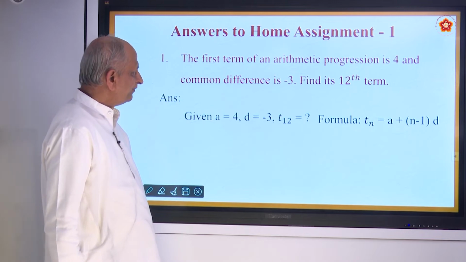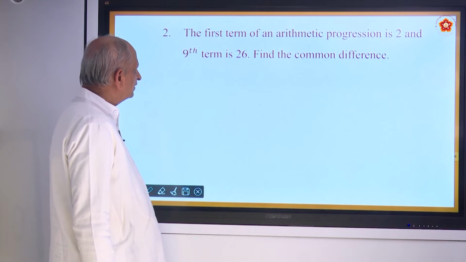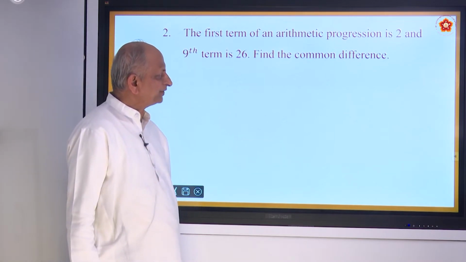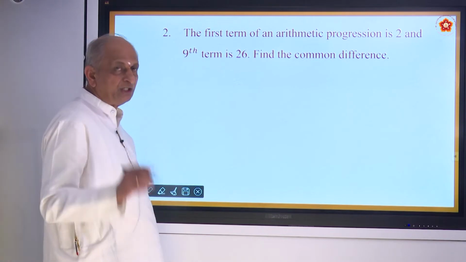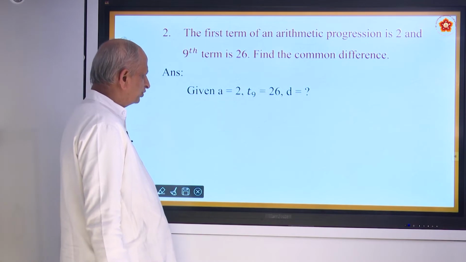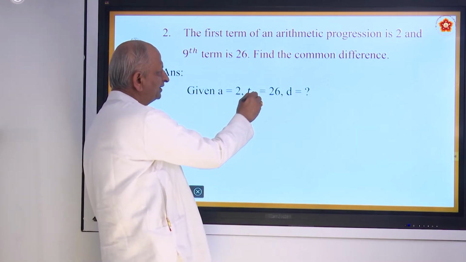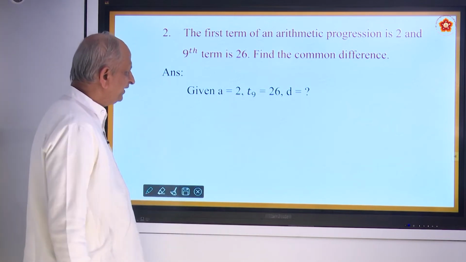The first term of an arithmetic progression is 2 and the ninth term is 26. Find the common difference. So a is equal to 2, T9, the ninth term, is equal to 26. Find d.